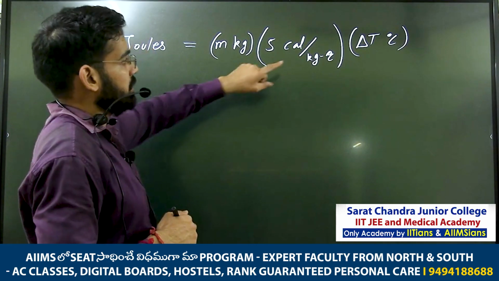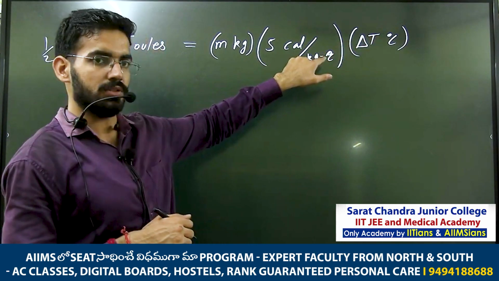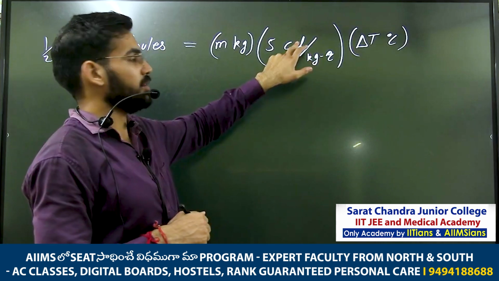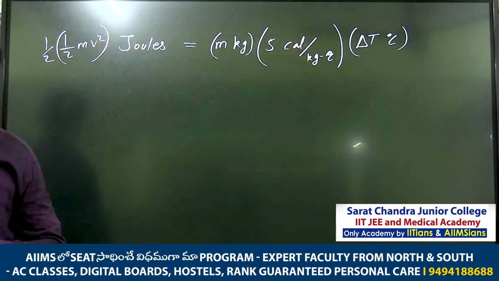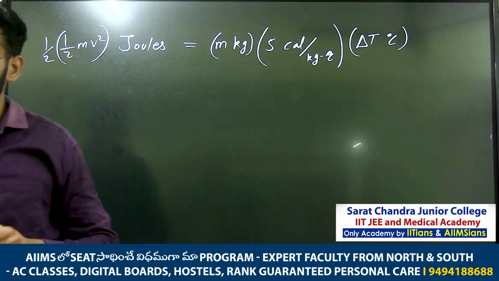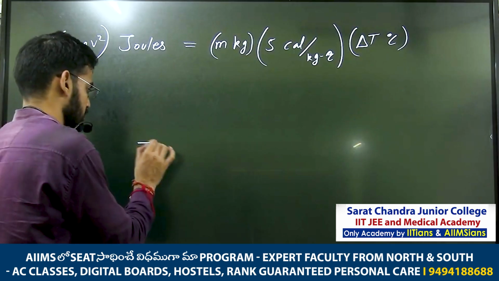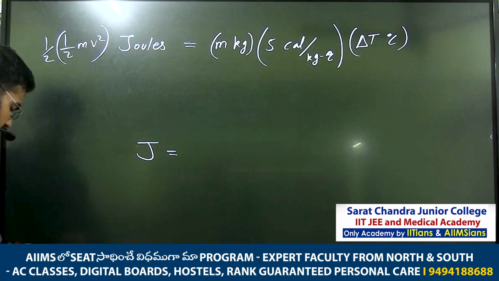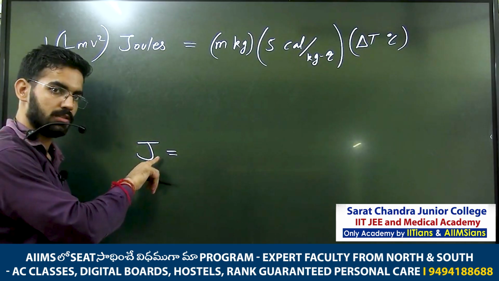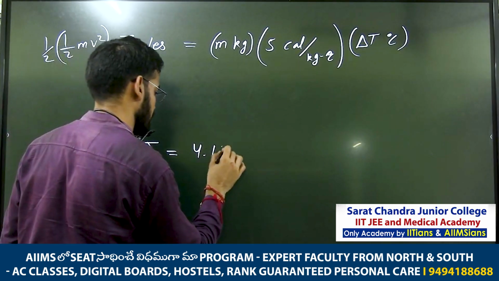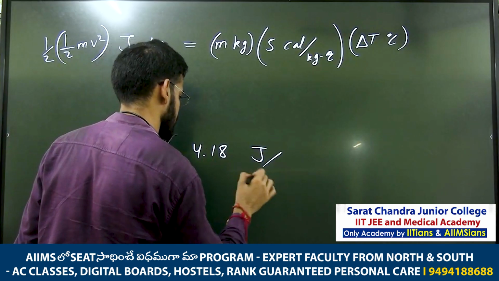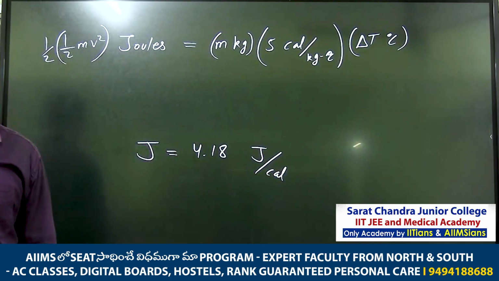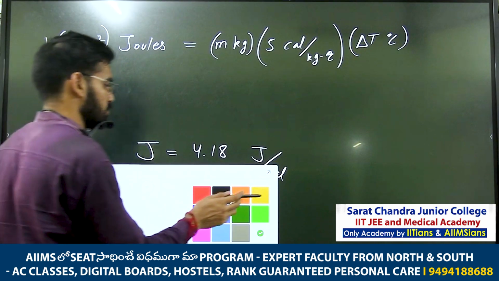Now if I see here, degree centigrade cancels out, and kg cancels out. Here calories and here joules can't be equated, so J will be there. J is 4.18 joule per calorie, so J will come in the numerator.